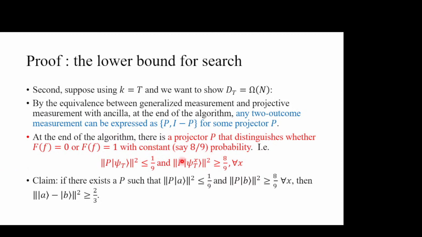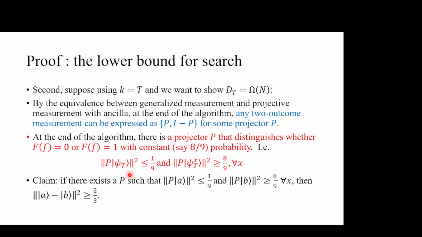Here we put the constant probability a bit higher to make our proof a little easier. Let's say the success probability of the algorithm is 8 over 9, and that means that the failure probability is less than 1 over 9.